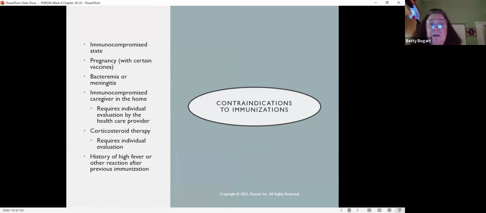Contraindications to immunization. If you have a child who's immunocompromised, let's say they have leukemia, do they get their immunizations? No, they'll be held. In pregnancy, some are held and some are encouraged. It depends on the physician to ask those questions. If we have bacteremia, meningitis, or an infection, you're never going to give any immunizations with fevers or if you're sick. No, we just don't.